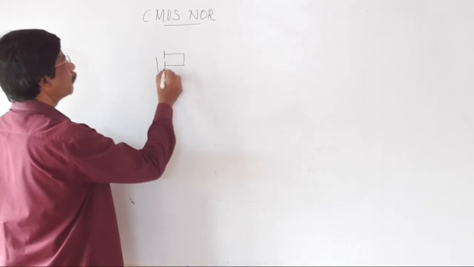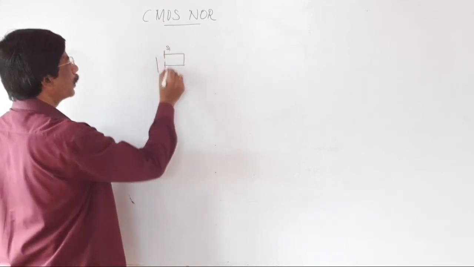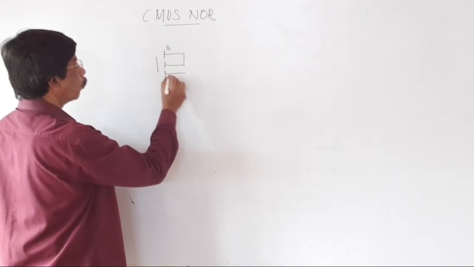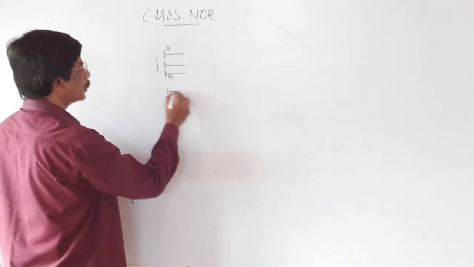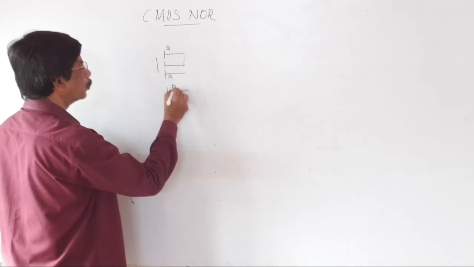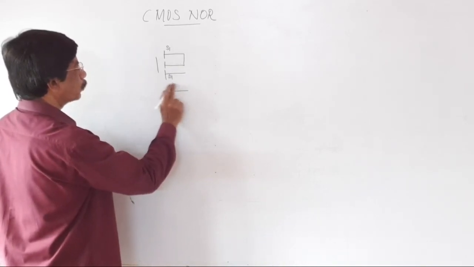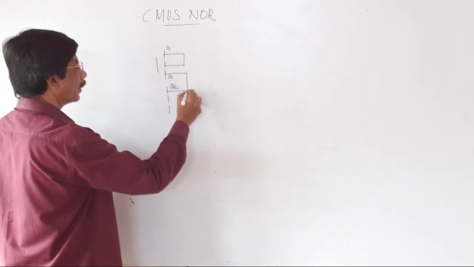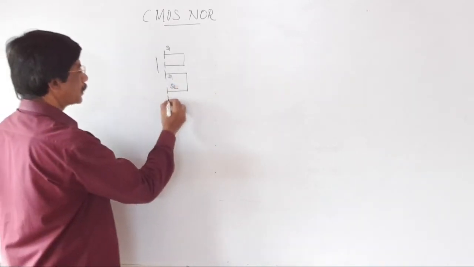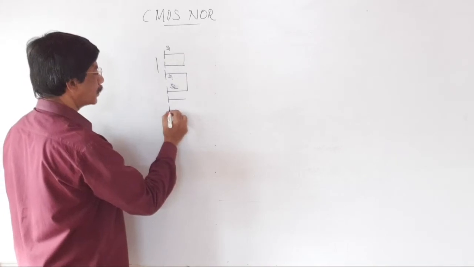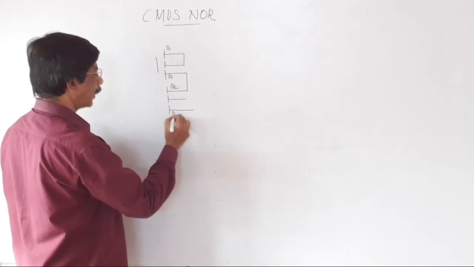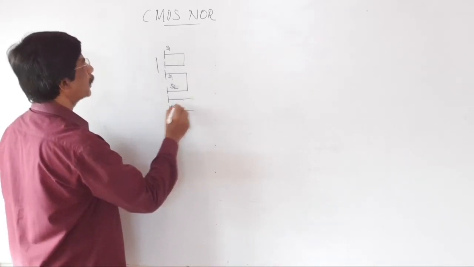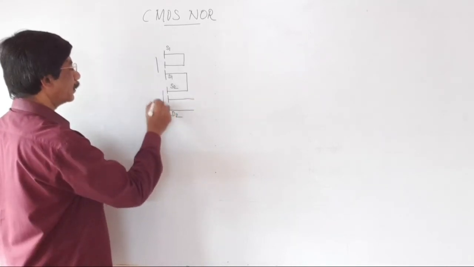This is source 1, this is drain 1, this is source 2. S2 and drain 1 are interconnected. This is the substrate, this is the drain terminal, drain 2, this is the substrate, this is the gate.